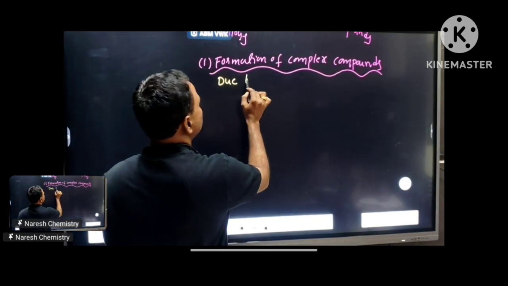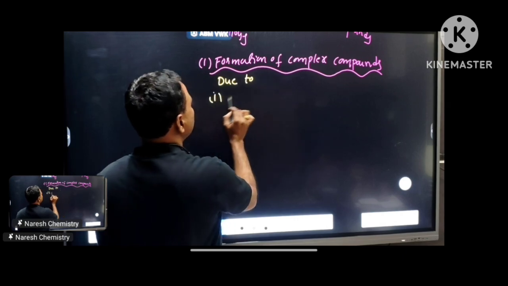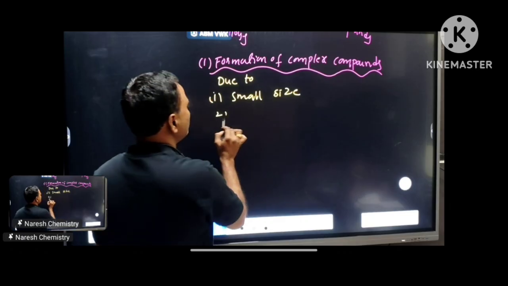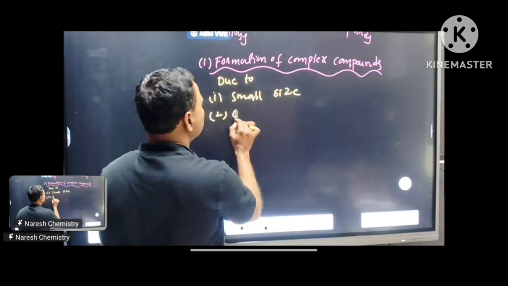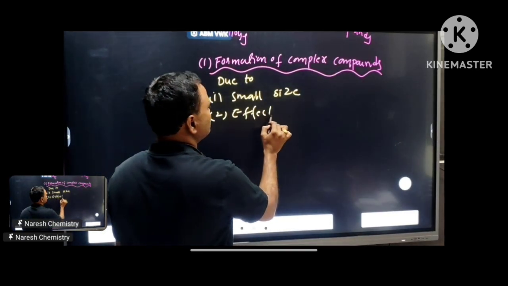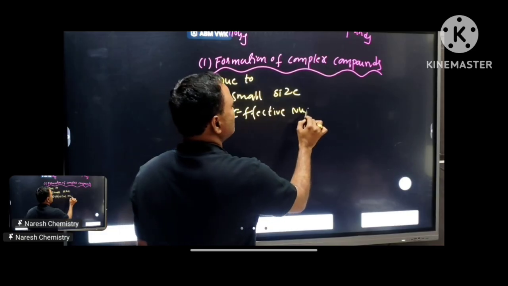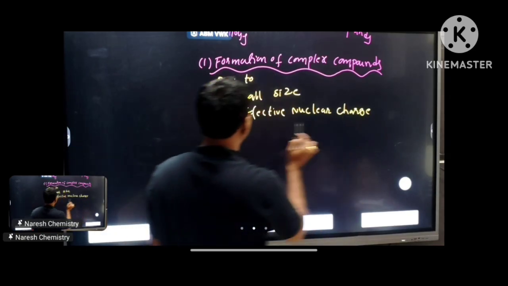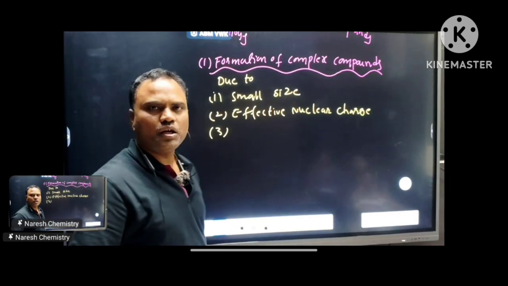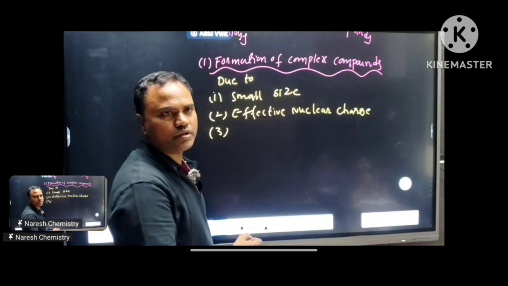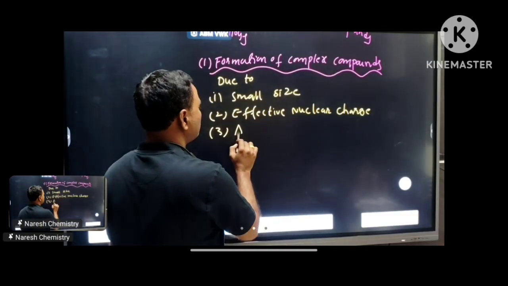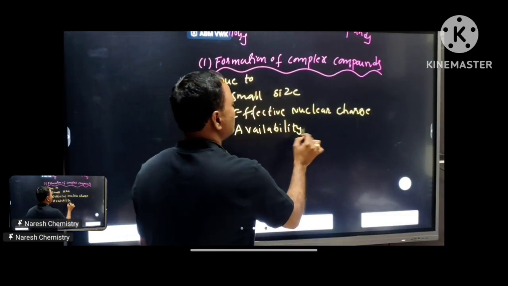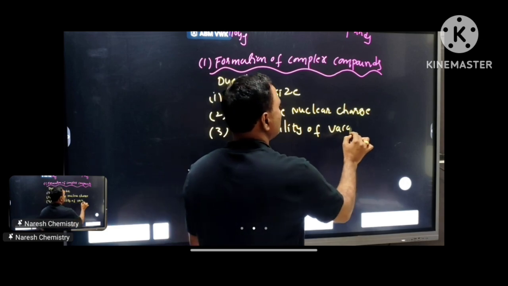Due to, first point, small size. Second one, effective nuclear charge. Third one, availability of vacant d orbitals. The reasons are very, very important.